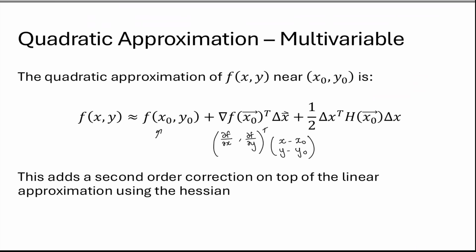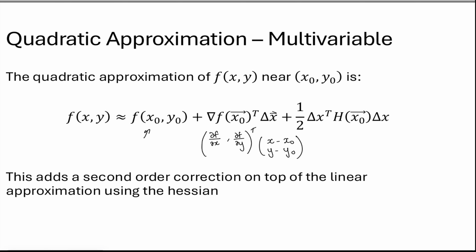Now, if we have a look at this, we've got a half delta x transpose and then the Hessian, and we are substituting this point into the Hessian, and then delta x. So if I write this out in its full form, we have delta x, which is just x minus x naught, and then y minus y naught.